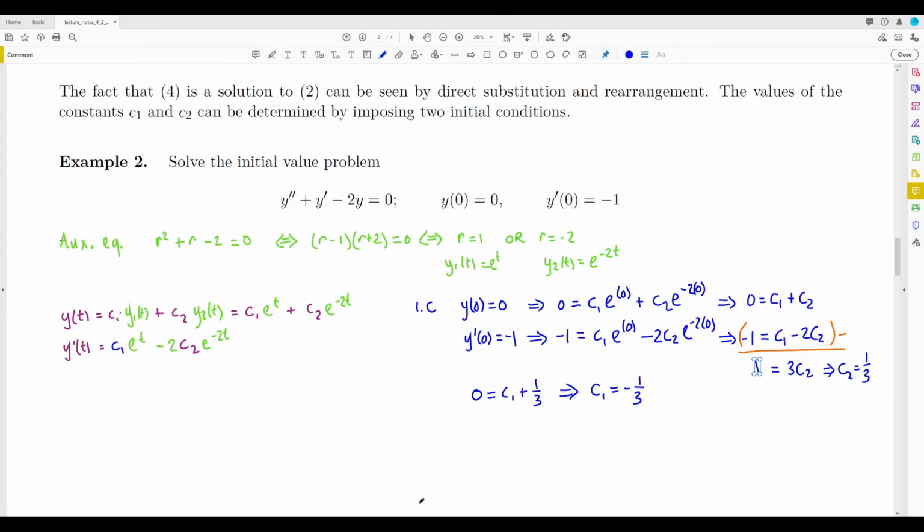And then our final answer is that y of t equals c1 times e to the power t, so that's negative 1/3 e to the power t, and then plus c2, so that's plus 1/3 e to the power negative 2t.